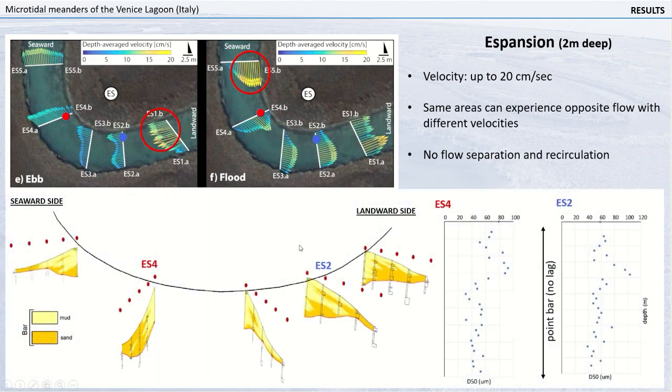This is quite interesting because if we recover sedimentary cores from the associated point bar, we can clearly see that in both cores we have the coarser deposits accumulated close to the inner bank.